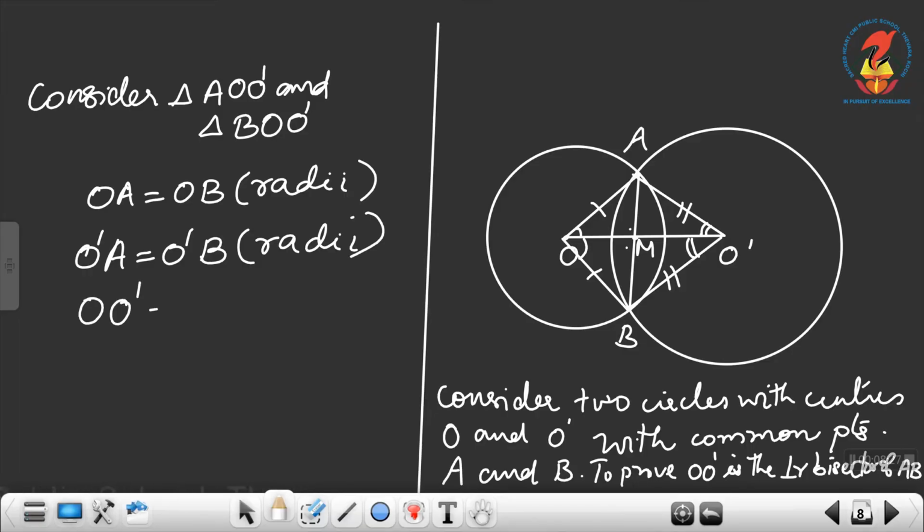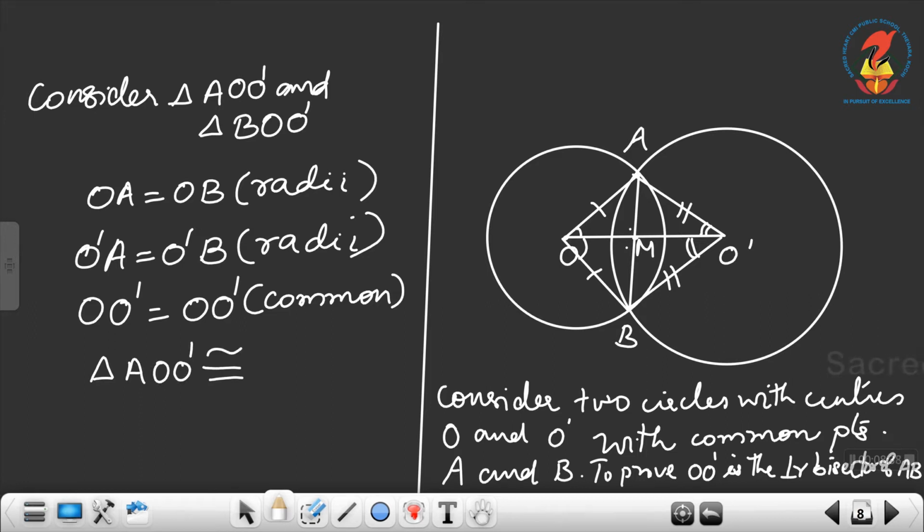So OO' is equal to OO', common. So what we can say, triangle AOO' is congruent to triangle BOO'.